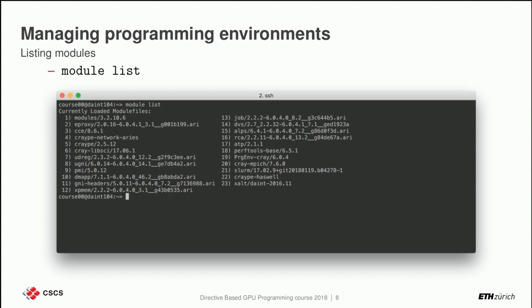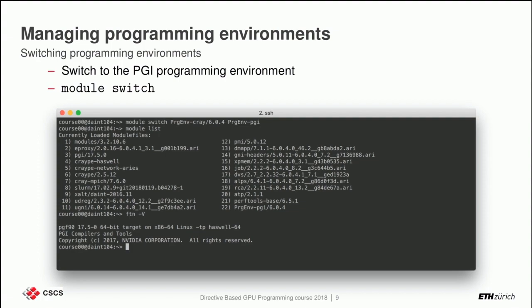Also, you see this module which means that your target, if you try to compile now, your optimization flags, etc., will be for the Haswell node and not for the GPU. That's especially true for the Cray compiler: if you try to compile an OpenACC program with the Cray compiler and you have this module loaded, it will just ignore the OpenACC directives.